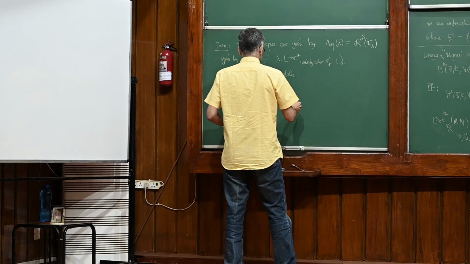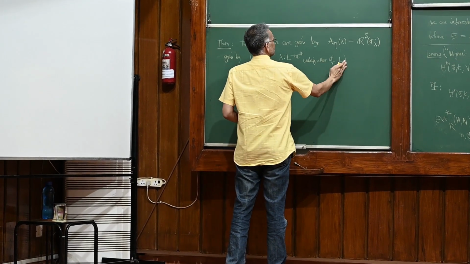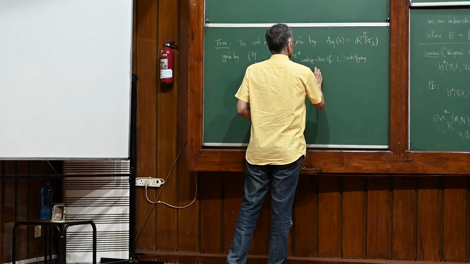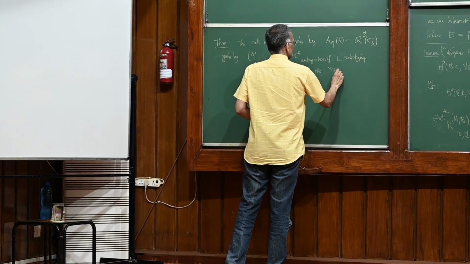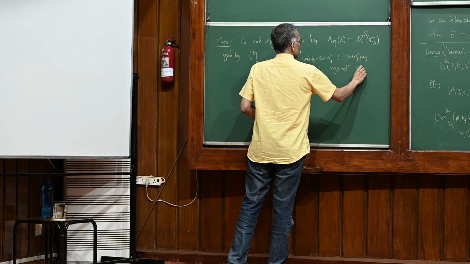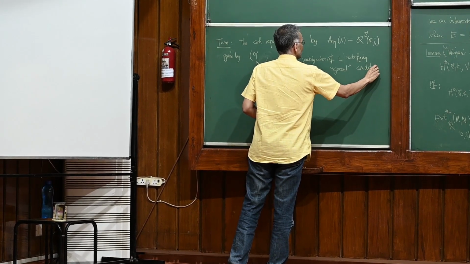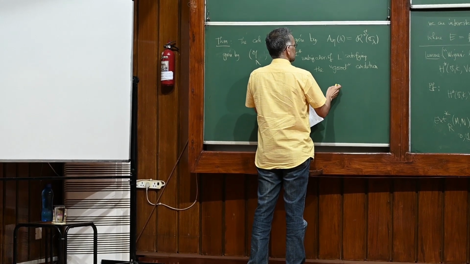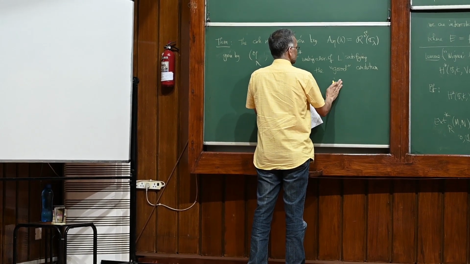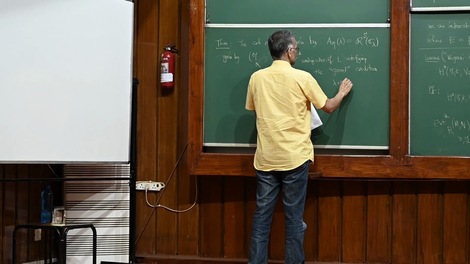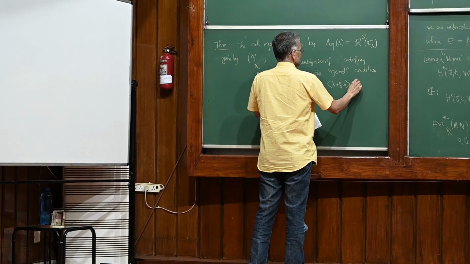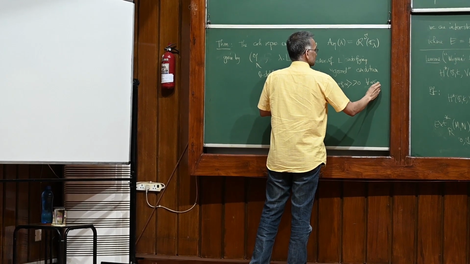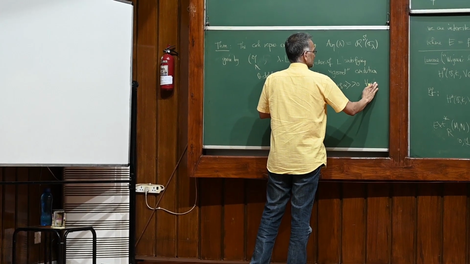Oh, sorry, a unitary character satisfying a positivity condition. So I'll rewrite what the good condition was. The good condition was that lambda plus rho, alpha is greater than 0 for all alpha appearing in u.